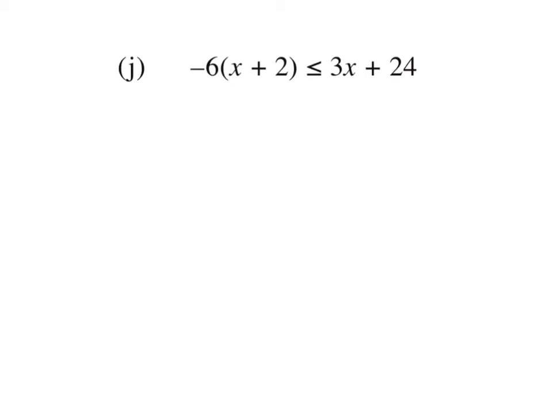So here's a slightly trickier one with a bracket. We've got minus 6x minus 12. Now 3x is bigger than minus 6x, so we're going to gather the letter terms onto the right hand side.